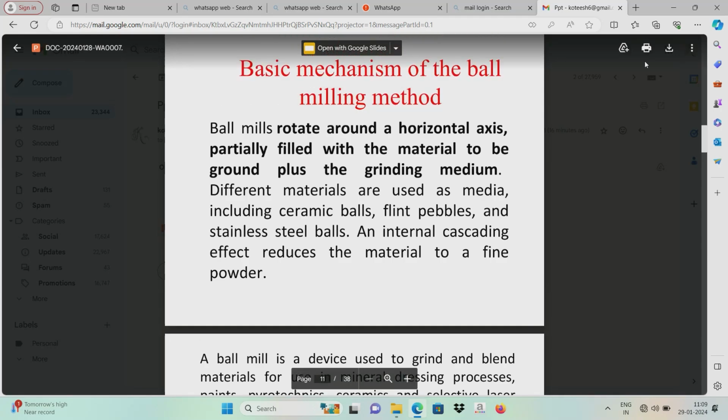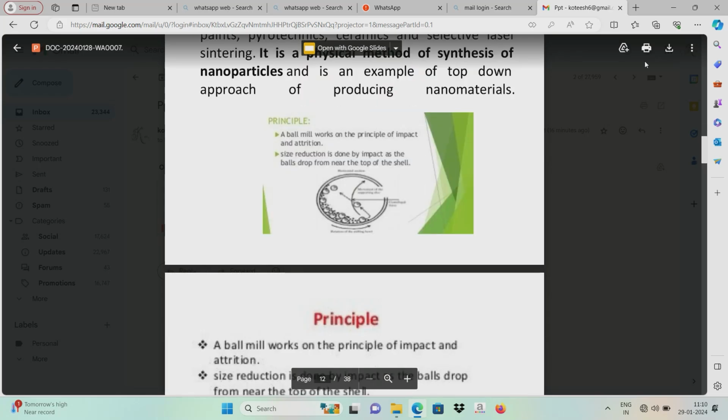The basic mechanism of ball milling is that we rotate the shell about a horizontal axis, partially filled with the material to be ground plus the grinding medium. The diagram is given here, so now look at it. It is a circle-like diagram, and the nanoparticles are initially poured into the shell, and ball milling works on impact and attrition.